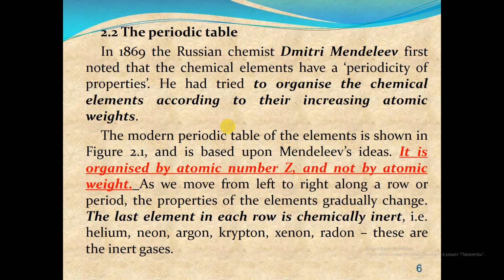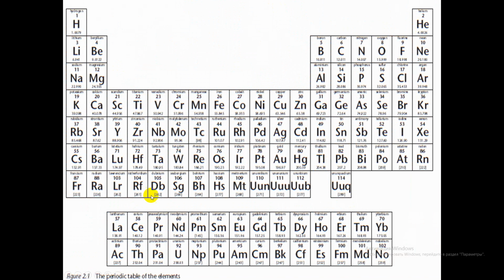The modern periodic table of the elements is shown in the figure, and is based upon Mendeleev's idea. It's organized by atomic number Z and not by atomic weight.